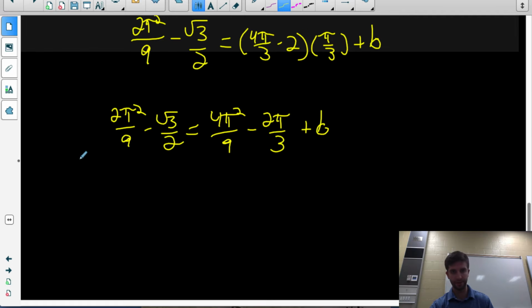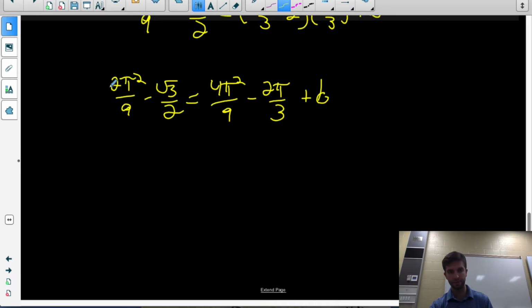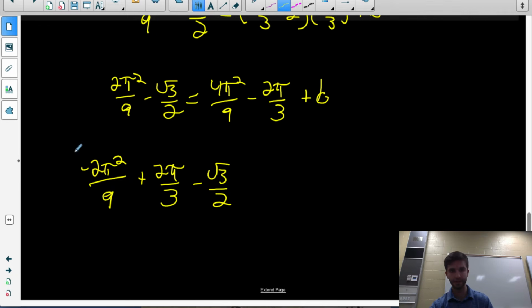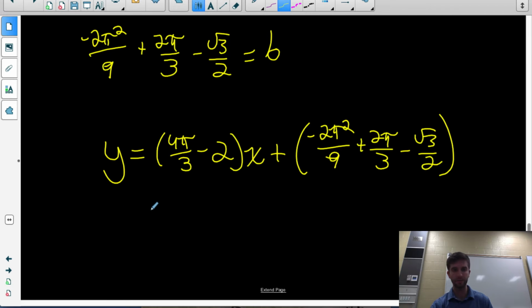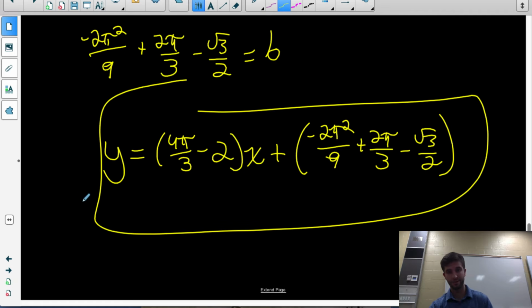Move these terms to the other side and collect. Like this will collect with this one. They have the same denominator. And 2 pi squared minus 4 pi squared is negative 2 pi squared over 9. And I've got a plus 2 pi over 3. And don't forget this minus root 3 over 2. I mean, I could get a common denominator for all three of those and write it as a single fraction, but I'll just leave that for now, and let's write the equation of our tangent line. So that's the equation of the tangent line to the curve.